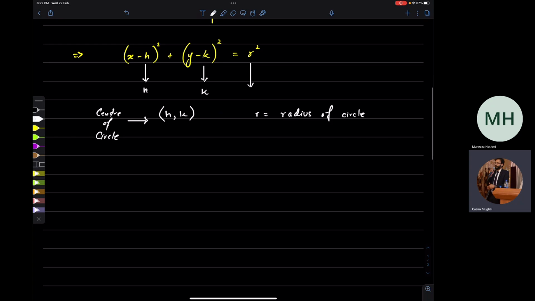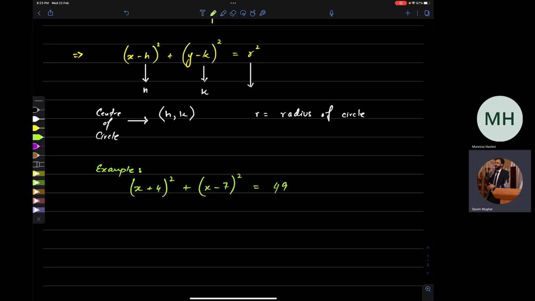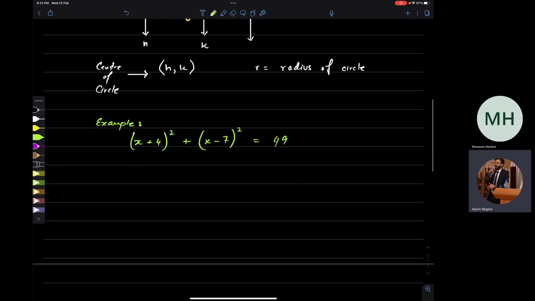Now, for example, I have an equation written like this: (x plus 4) whole squared plus (y minus 7) whole squared equals 49. Now, this is basically an equation of a circle.